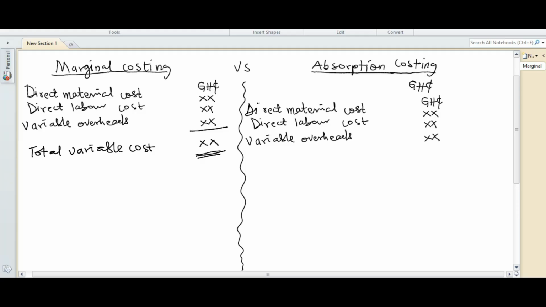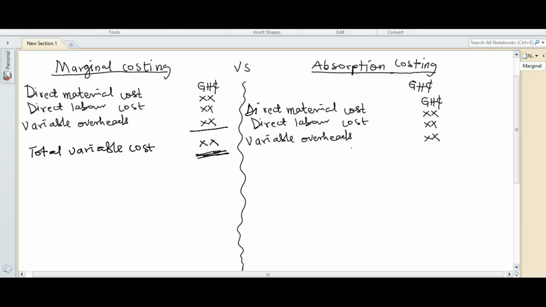When we are using the marginal costing method to ascertain the cost of a product, if you add all the direct elements, including the variable overhead, that will be the end. So that will be the cost of the item. But when it comes to the absorption costing method, this costing method does not treat fixed cost as a period cost.